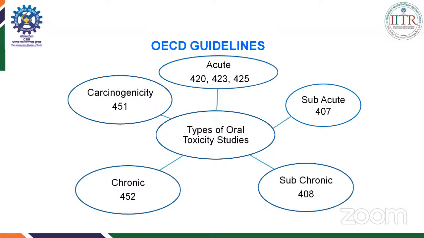The 90-day oral toxicity study, which is done as per 408. 451, 452, 453, those are very closely related. 451 is specifically only for a carcinogenicity study. 453, which is not seen in our screen right now for obvious reasons, because it is very close to this. 453 mostly deals with the chronic toxicity study requirements, and 452 is an overlap between 451 and 453. So mostly 452 is a guideline which is preferred over 451 or 453.